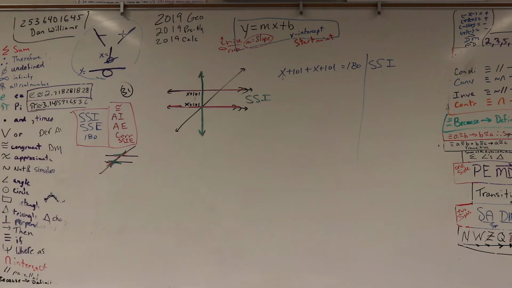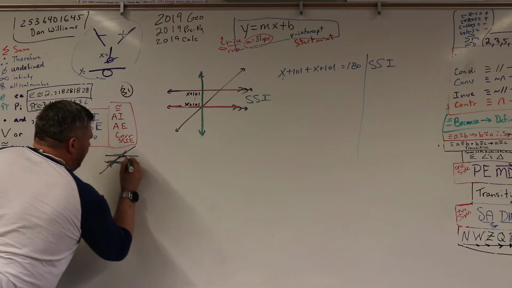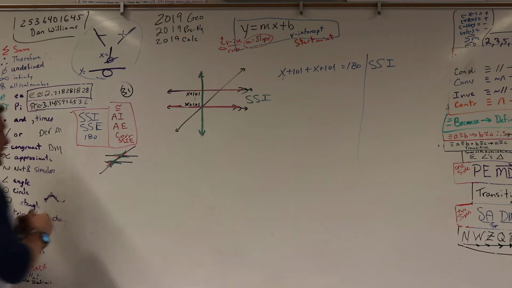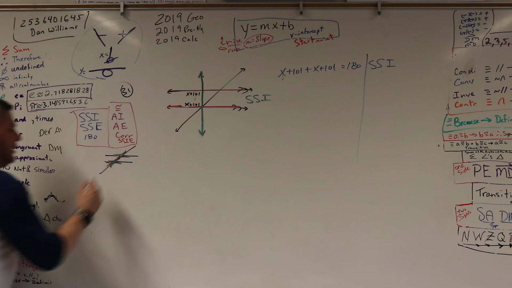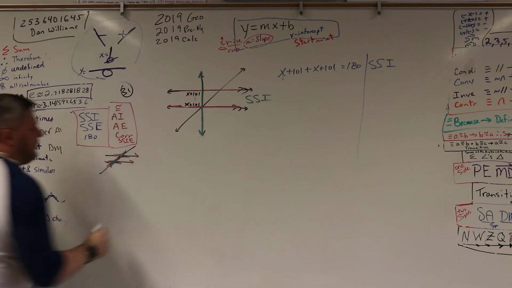Okay? And that could help you draw it out when you're on the test and you're not quite sure. You're like, oh, all the big ones are the green ones, all the little ones are the red ones. And so the red ones are all congruent, and the green ones are all congruent. That's all, as long as these are parallel.